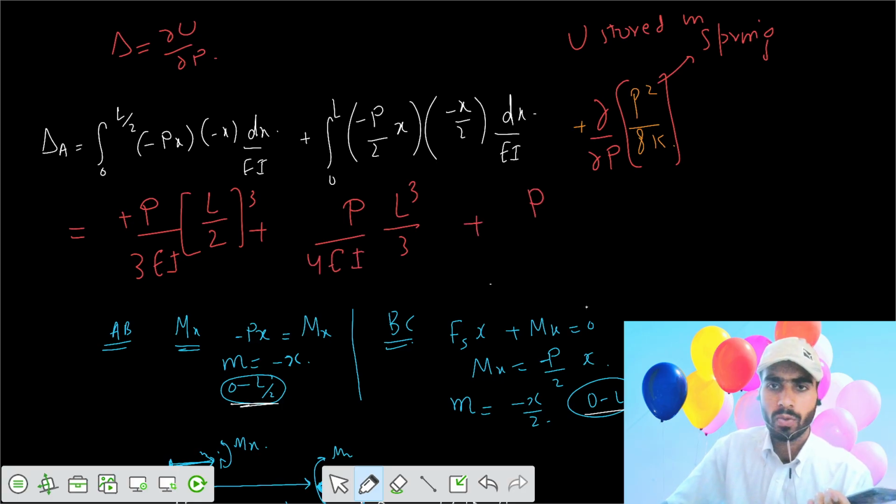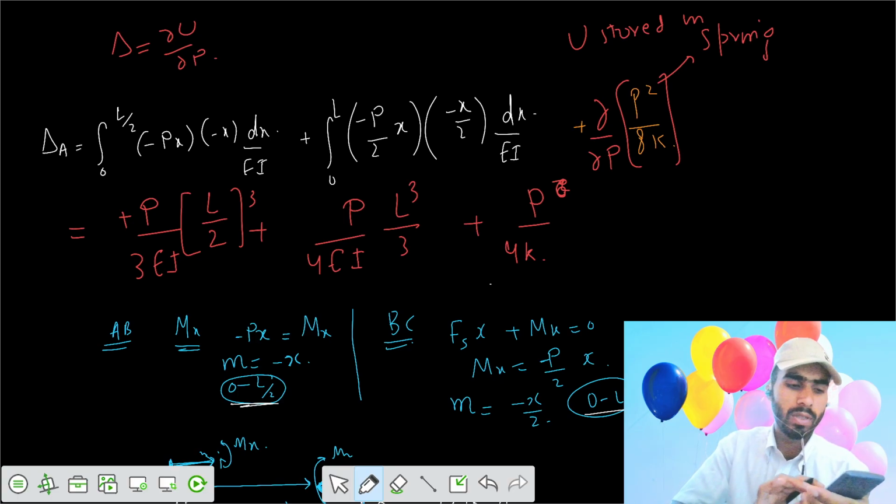Similarly we have P²/4k, or we can write P/4k, then you solve this one, it becomes 8 inverse, 24 inverse plus 12 inverse.